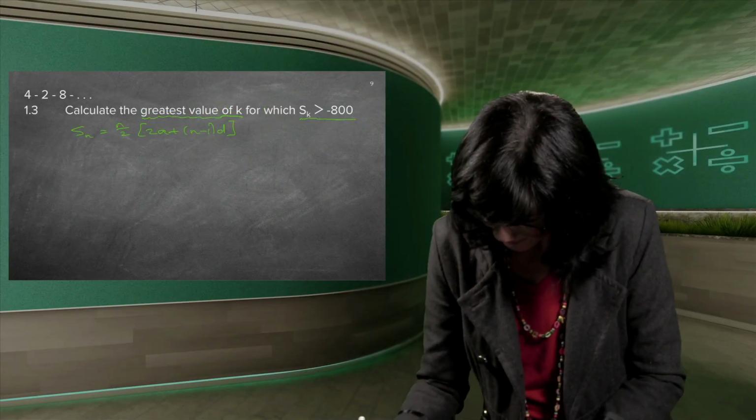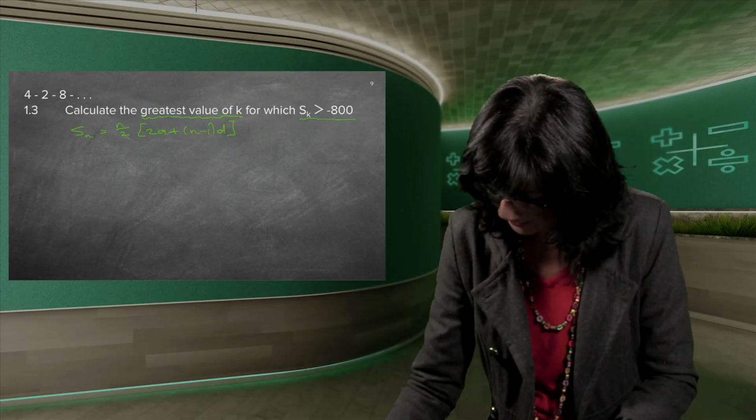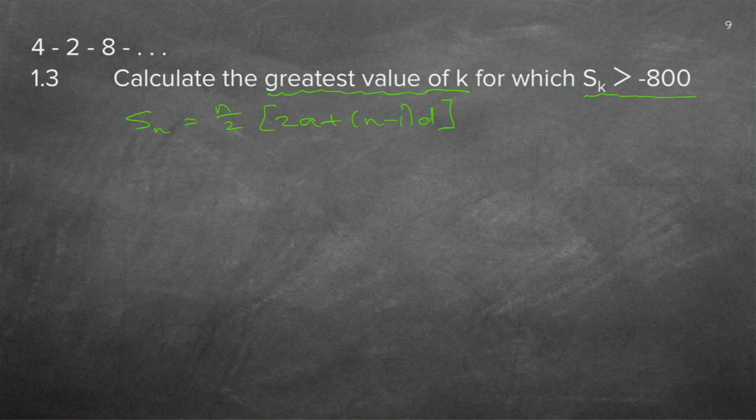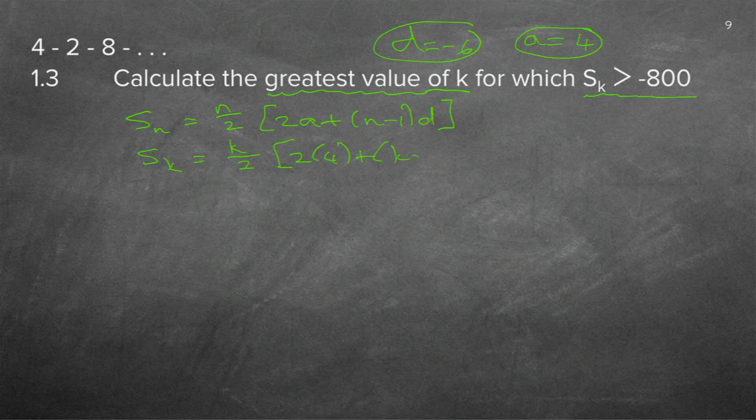So if you go back, I took it off now, so we'll just quickly do it again. They want Sk, so I'm going to put a k in there, k over 2. Remember, a was 4, we always need it, and d was minus 6. So I can just fill it in: 2 times 4 plus (k minus 1) times minus 6.